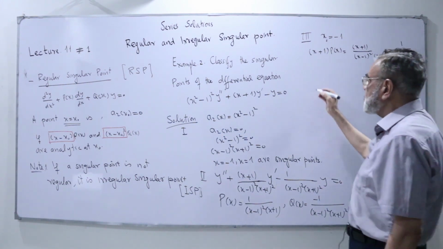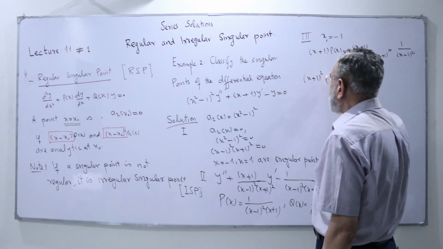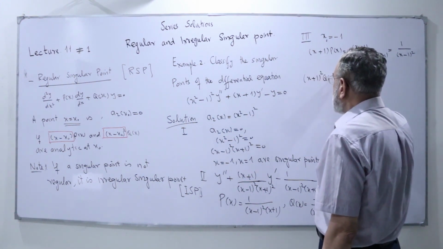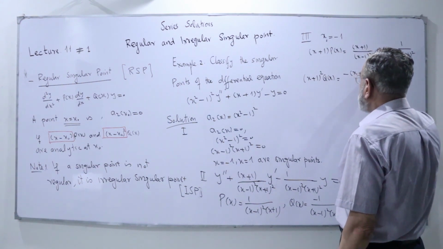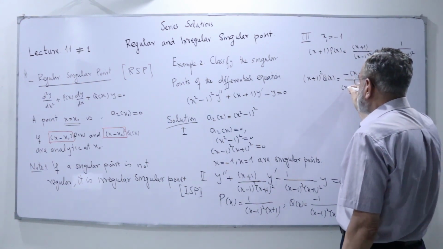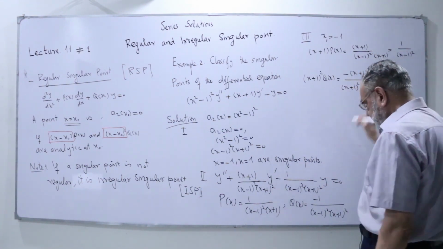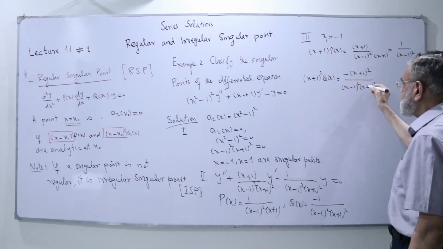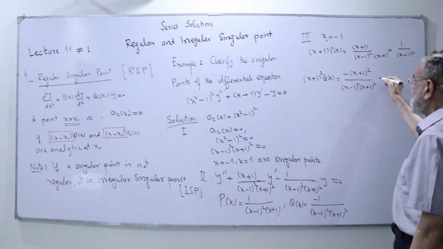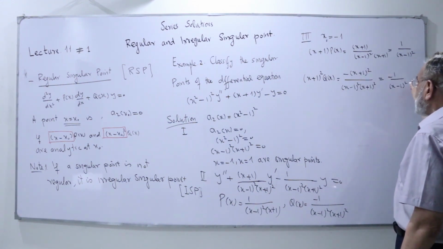Then this is number 1. Number 2, we have (x + 1)² q of x. That gives me −(x + 1)² over (x + 1)² (x − 1)², these are cancelled and we get −1 over (x − 1)².